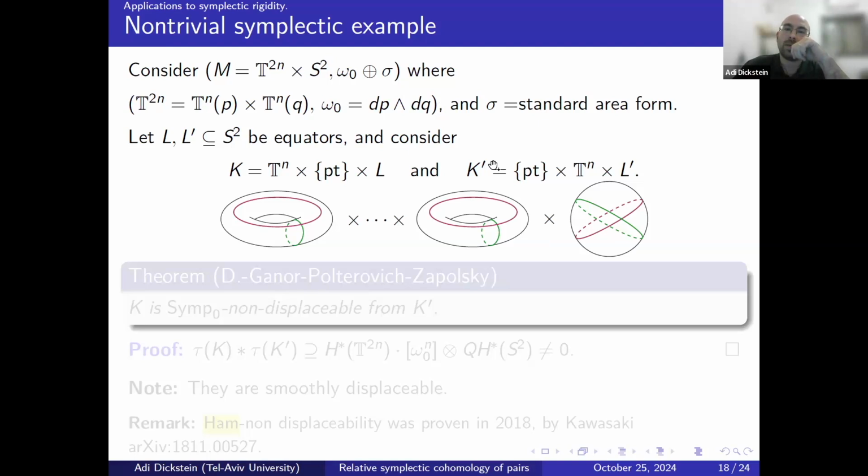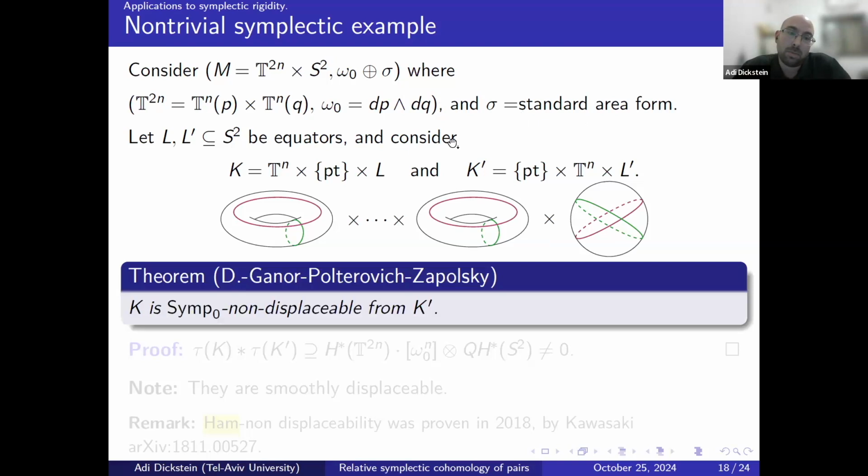And the second one is the orthogonal Lagrangian in the torus times another equator. By a direct calculation from our observations, we get that we can't displace K from K prime by symp0 elements. And the proof is just calculation.